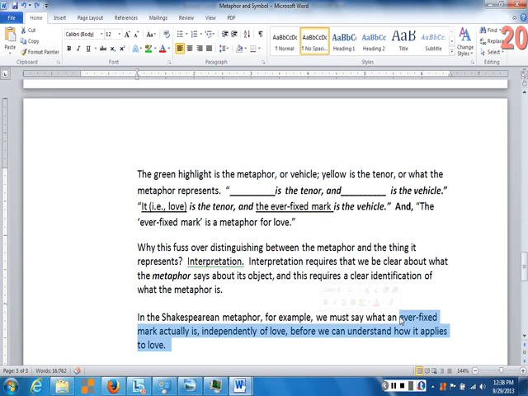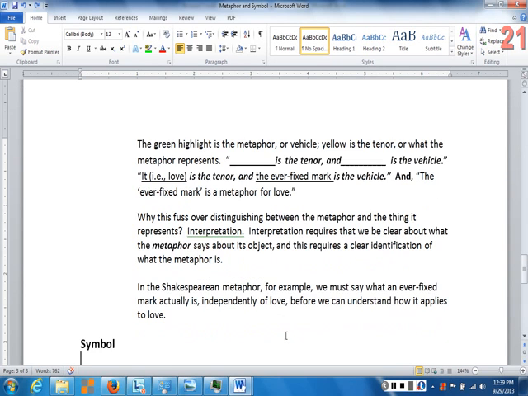Leave love aside for the time being, because in order to understand what Shakespeare is saying about love, we need to understand the metaphor itself. In order to understand the metaphor itself, we need to know what the metaphor is. We need to know what it is independently of love, which is the thing it refers to, right?